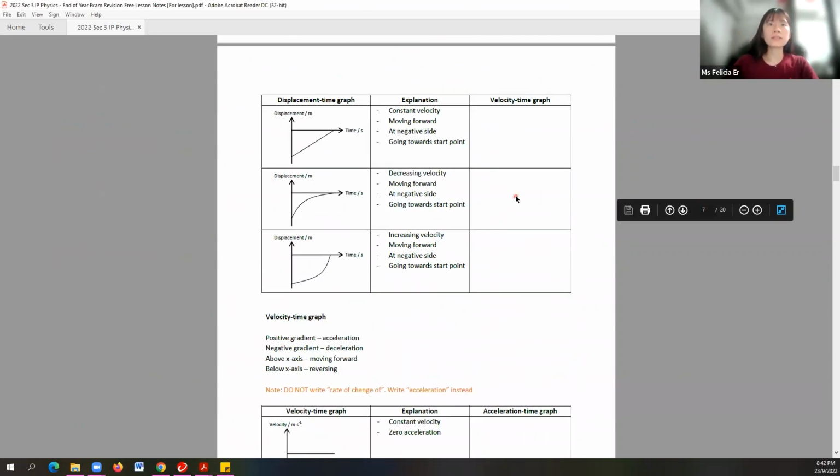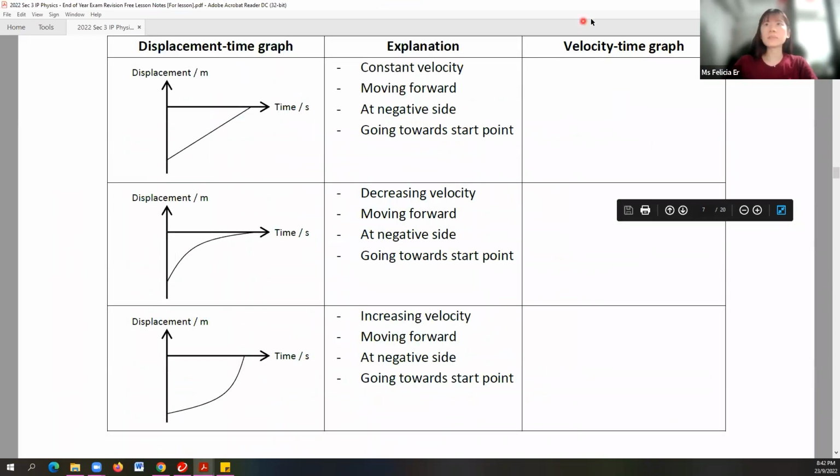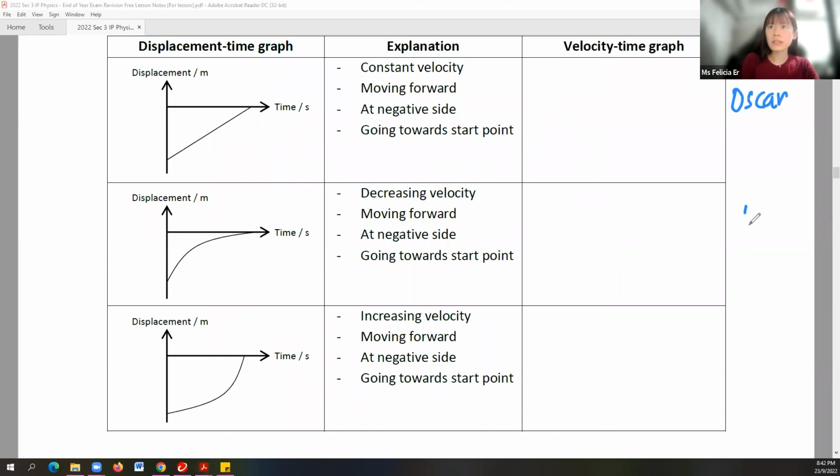Okay, so for the next page over here, let me get some of y'all to present the answer. Just now, where did I stop at? Can I get Oscar to present this answer, Lin Xuan to present this answer, and Lily to present this answer? Thank you. I just need the shape.